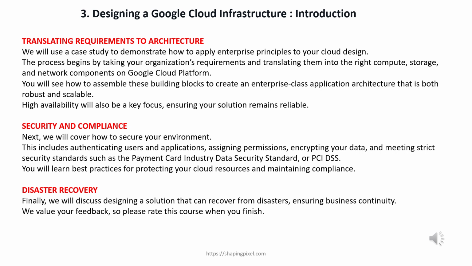The process begins by taking your organization's requirements and translating them into the right compute, storage, and network components on Google Cloud Platform. You will see how to assemble these building blocks to create an enterprise-class application architecture that is both robust and scalable. High availability will also be a key focus, ensuring your solution remains reliable.